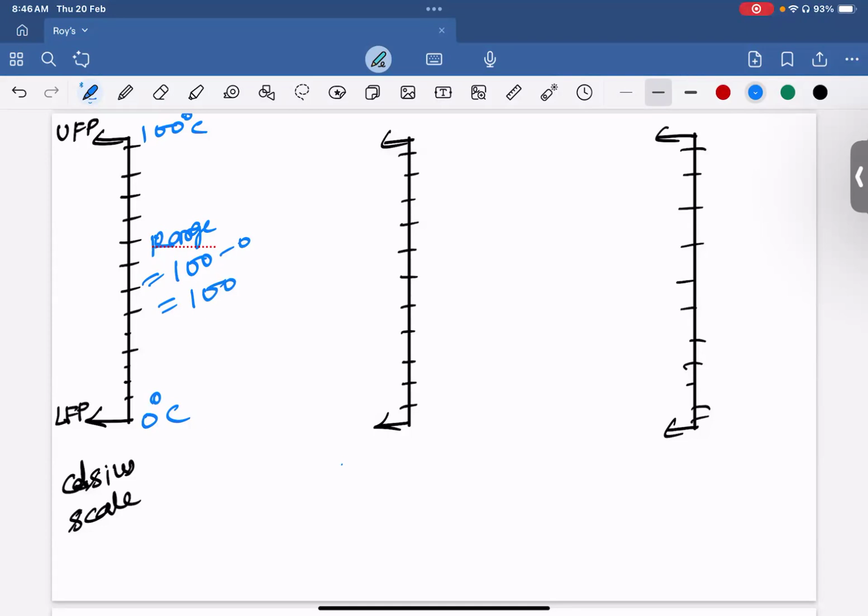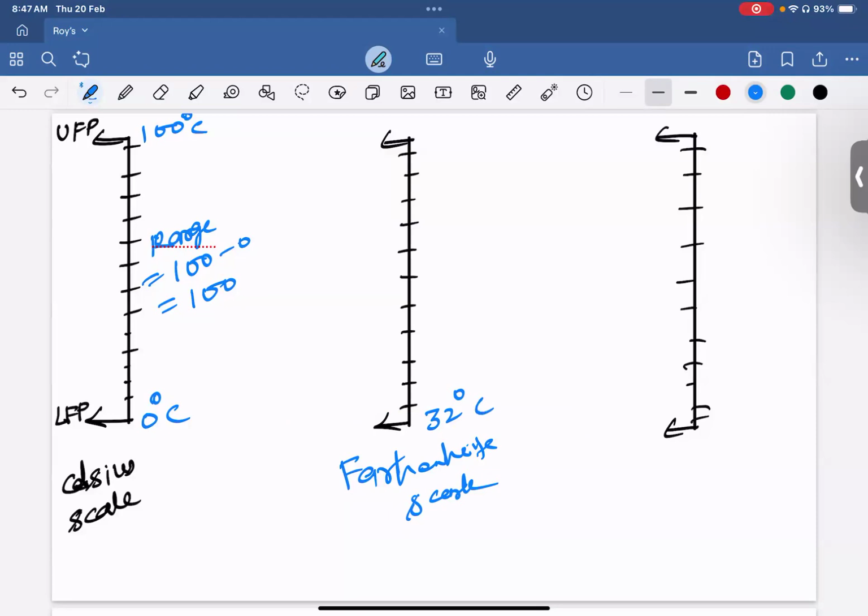If you take a Fahrenheit scale, let's suppose I take Fahrenheit scale. So here the lower fixed point we keep as 32 degree Fahrenheit.